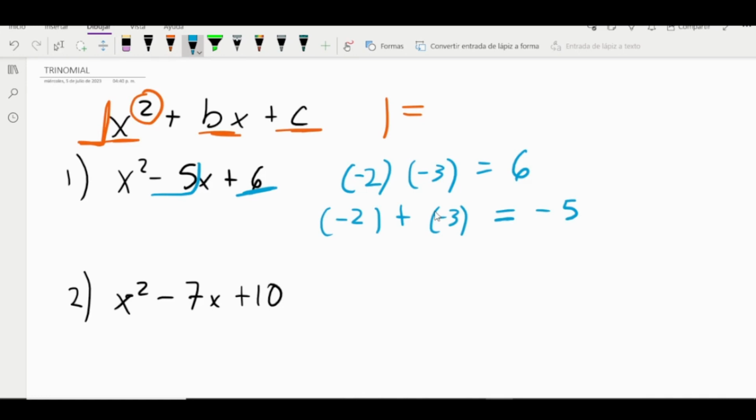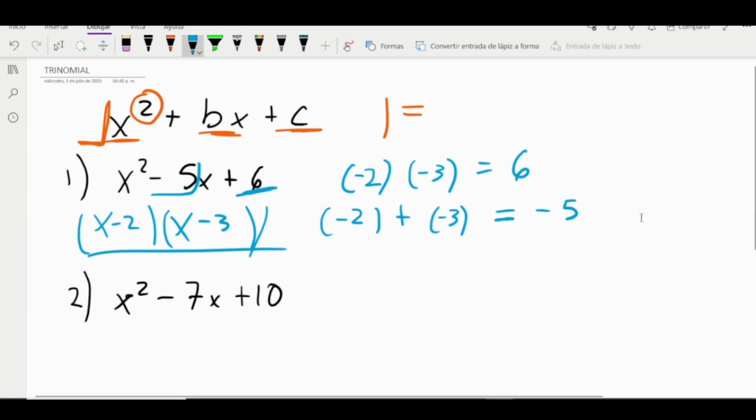After you find these numbers, you organize it this way: x in parentheses, so we have x minus 2 and x minus 3, and that's it. That's the way we can factorize this.